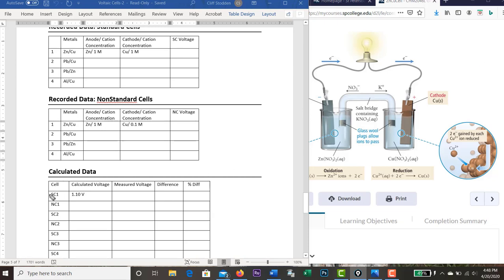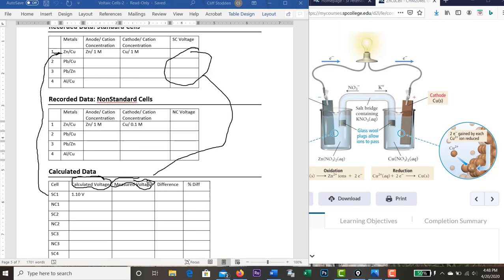So this first line corresponds to the situation here, with the zinc and the copper both being 1 molar. But instead of an experimental value for the voltage, you're going to be calculating the voltage, the calculated voltage. Now the measured voltage, there is a column for that, but all these values would just be the same as this last column, just copying them over again.